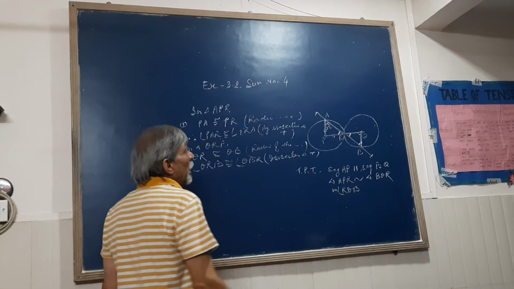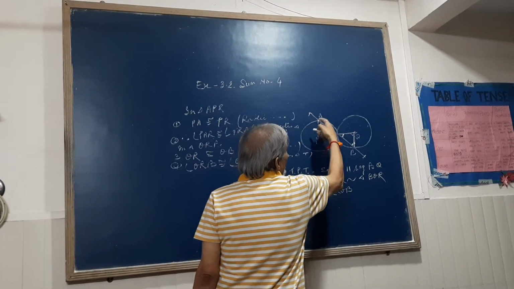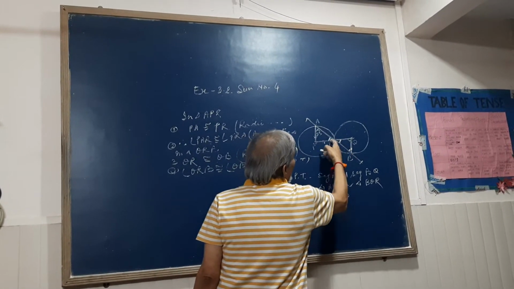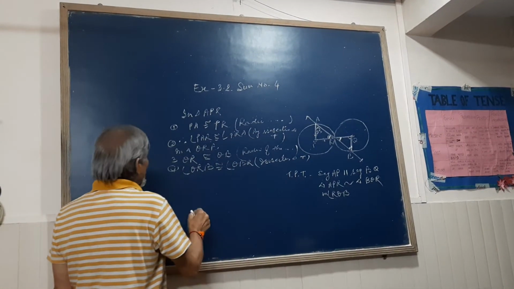And angle ARP is equal to BRQ, that is vertical angles.